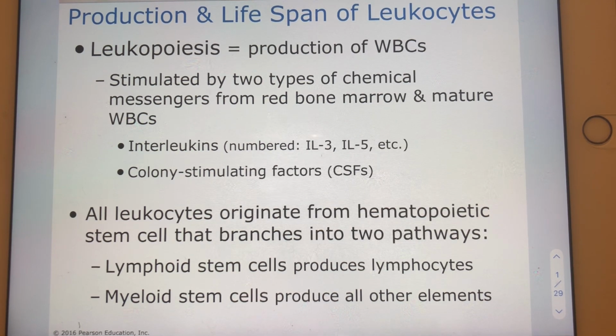The hematopoietic stem cells that give rise to all formed elements differentiate into, initially, either myeloid stem cells or lymphoid stem cells.